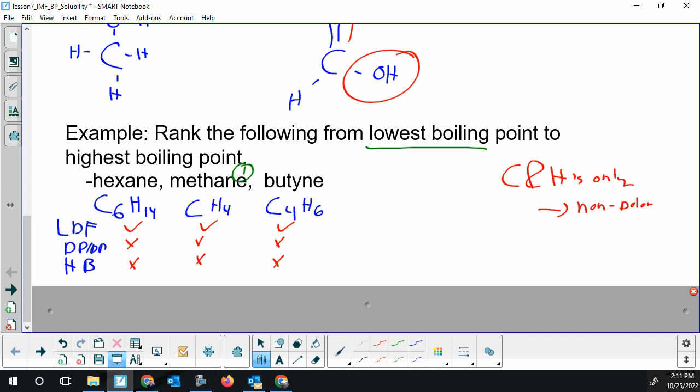So that would be our C4. And the highest boiling point would have the most London forces, the most electrons. That would be our hexane. So if you have a list of just hydrocarbons, you're just ranking them ultimately by size, which is a proxy for electron count.